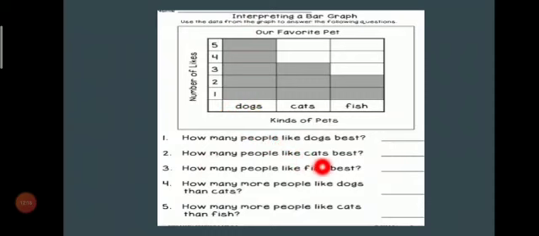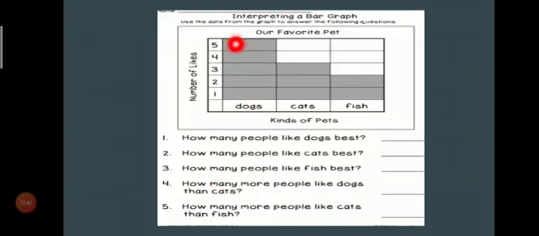How many people like cats best? 1, 2, 3. You will write 3 here. After that, how many people like fish? 2. You will give me the answer 2 here. Question number 4 and 5 you are going to solve because there is a comparison. How many more people like dogs than cats?